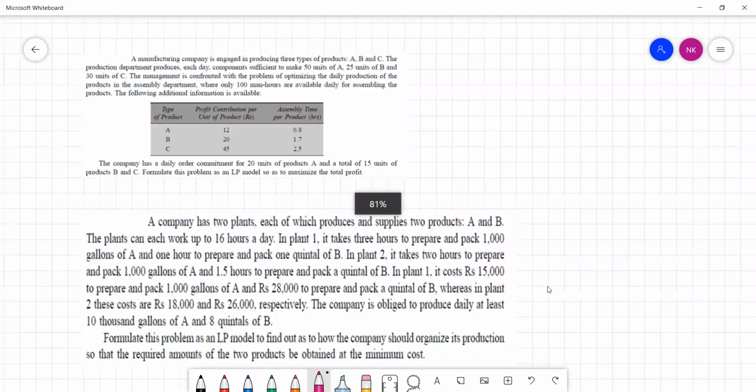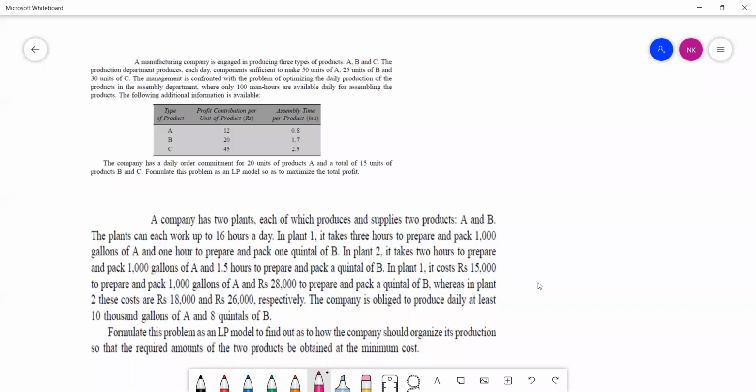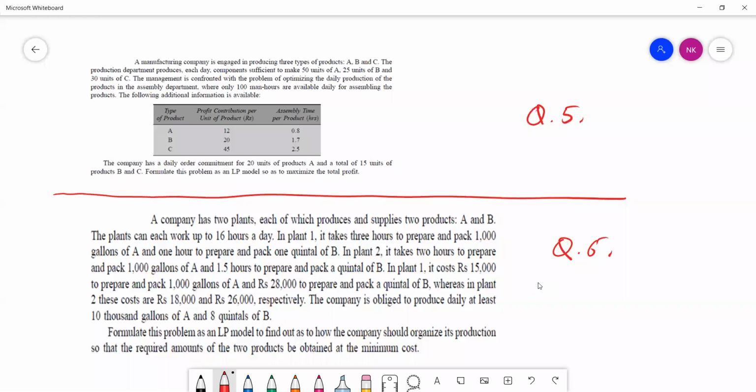These are the 2 questions that you need to do as part of your homework. This is example number 5 and example number 6. We have done till example 4.